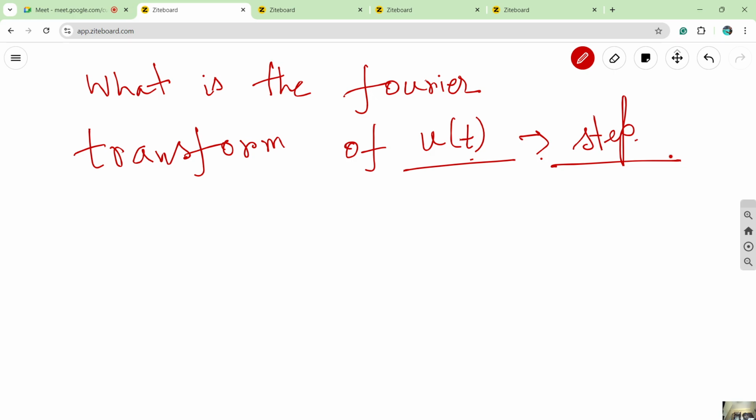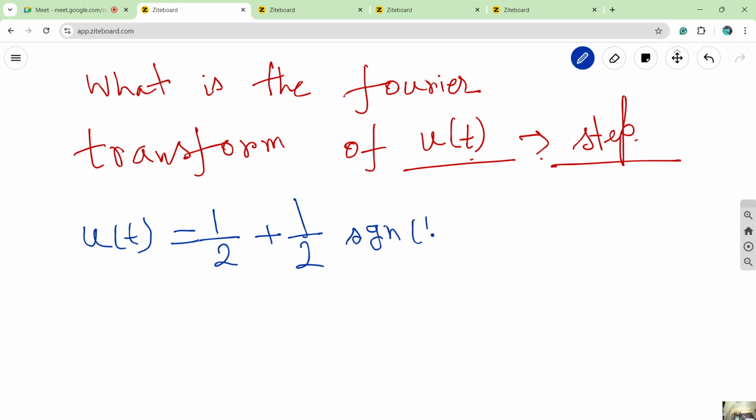Okay. So start like this. u(t) can actually be written as half plus half of the signum function. I think this is known to everybody. And this is the representation of the signum function.